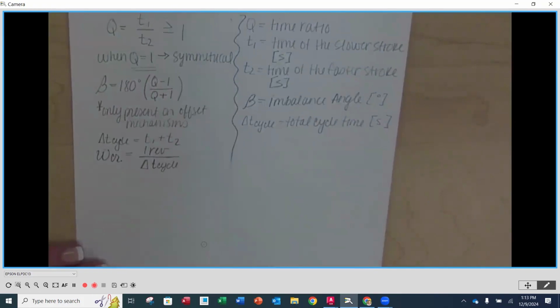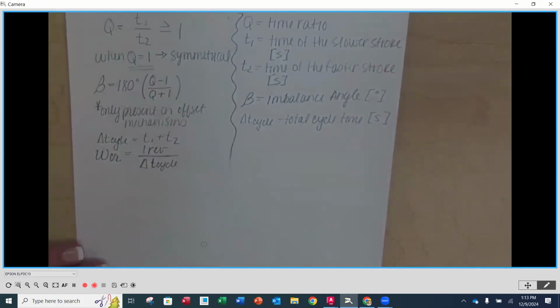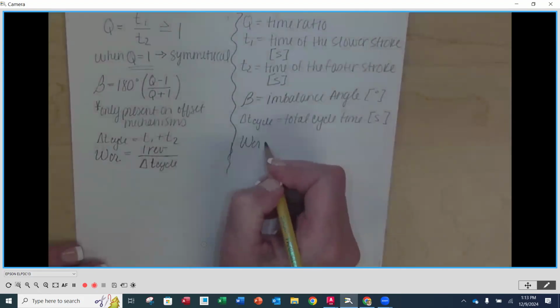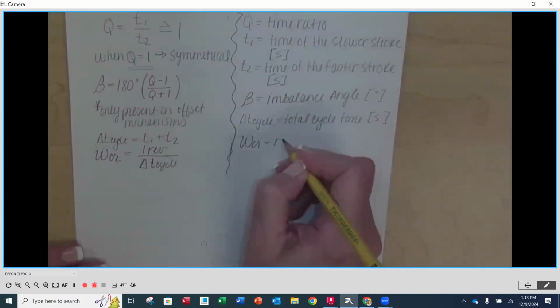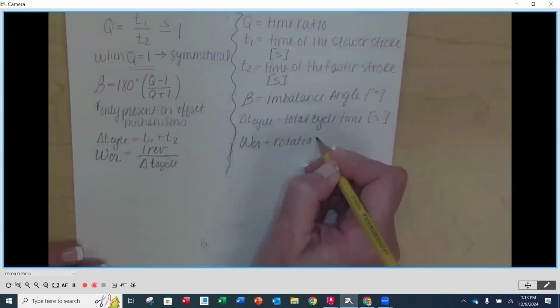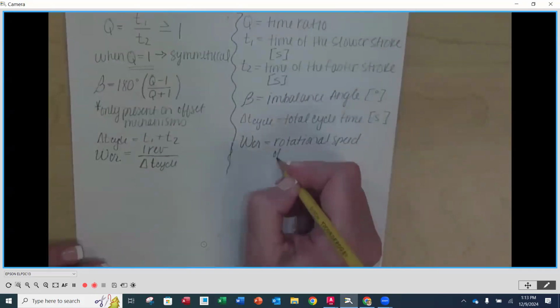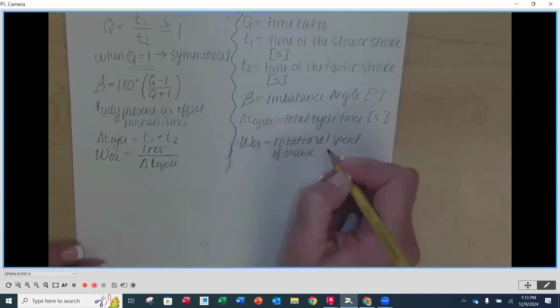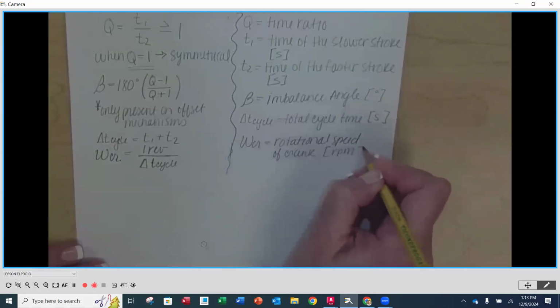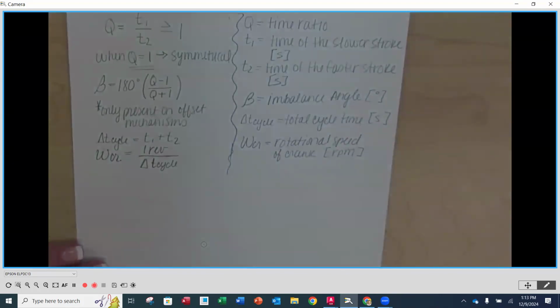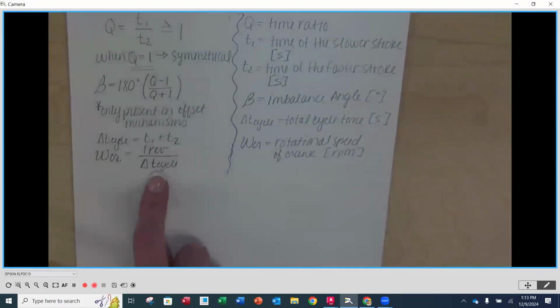A lot of times it's going to be link number 2, like we've been seeing a lot, but in here they call it W of the crank. So W crank is going to be the rotational speed of the crank. And that's going to be in RPM, as we know. And again, it's going to be 1 revolution divided by the total cycle time.